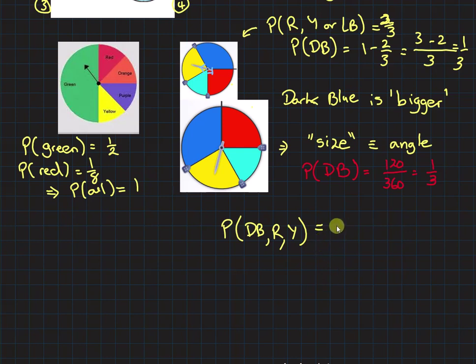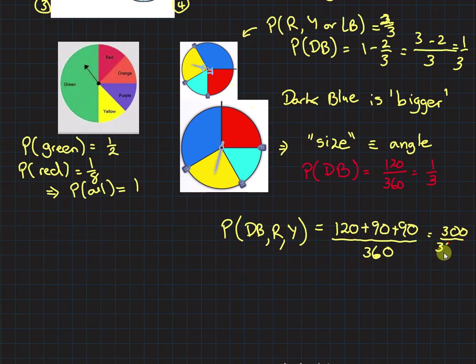So dark blue is 120, the angle for the red is 90, and the angle for the yellow is 90. And this gives me a total of 300, which tells me that I have a total angle there of 300 out of 360.